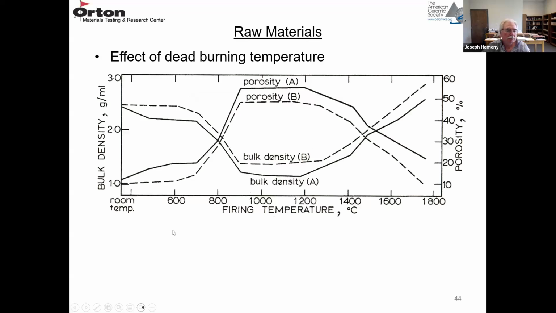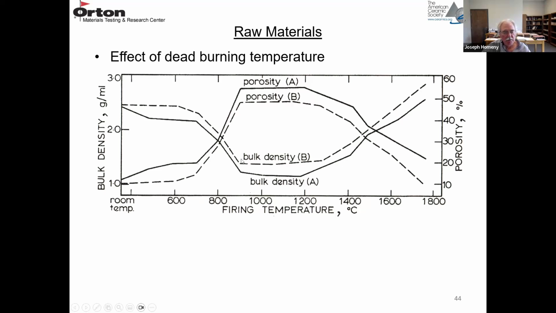So you can plot bulk density versus firing temperature, or porosity versus firing temperature. So if we look at the bulk density, it maybe starts off at 2.5 grams per cc.